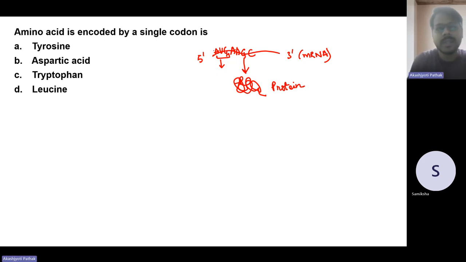Why three? This is a basic concept you must have read in class 11th and 12th. There are four different nucleotide bases, and there are 20 amino acids. If four different nucleotide bases have to code for 20 different amino acids, how many nucleotide bases will be required?